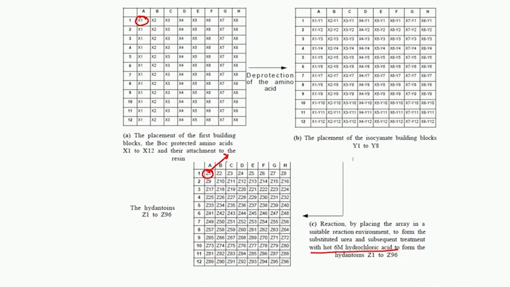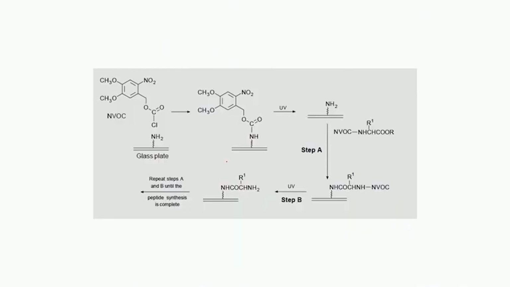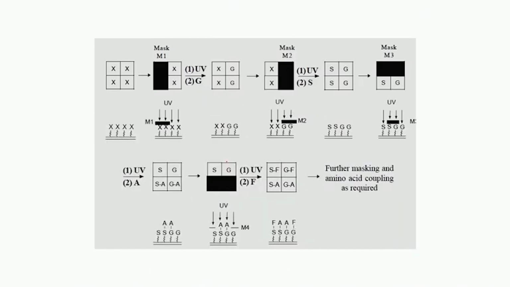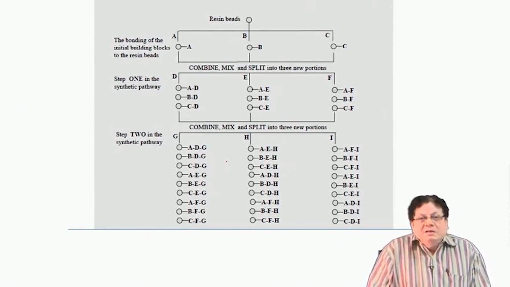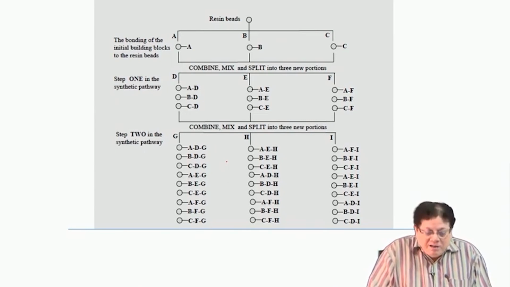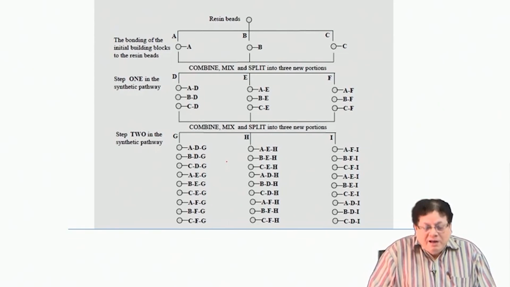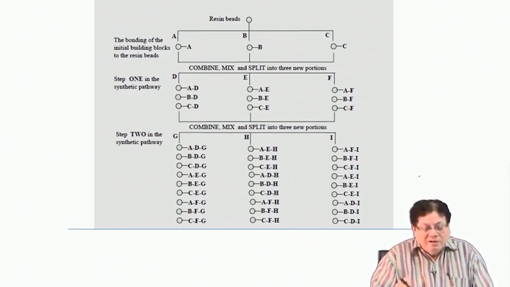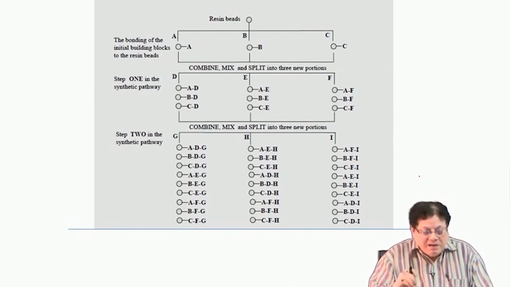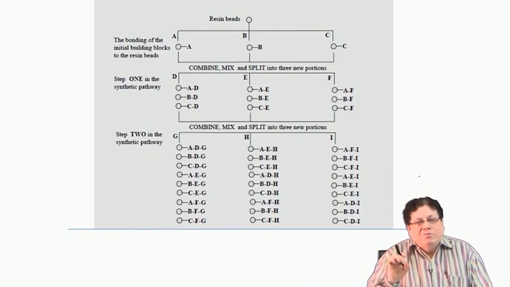On the other hand, if you go to the other technology, which is called mix and split, you get a much larger library of compounds. But the problem is that in a particular well, or if you are doing it in test tubes or a container, you will have beads where each bead is connected to a particular compound.